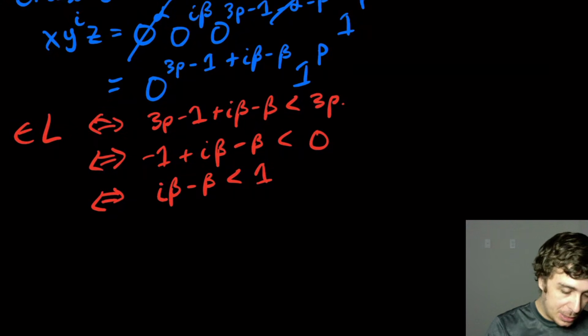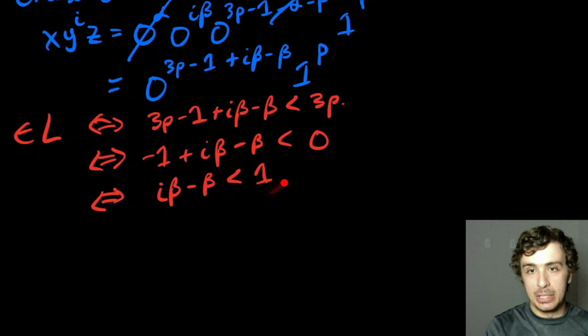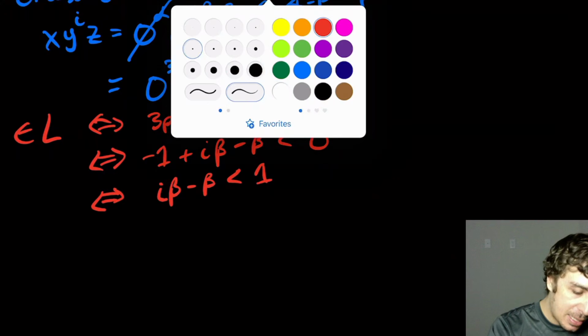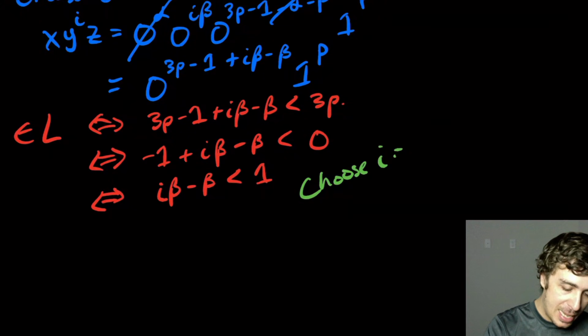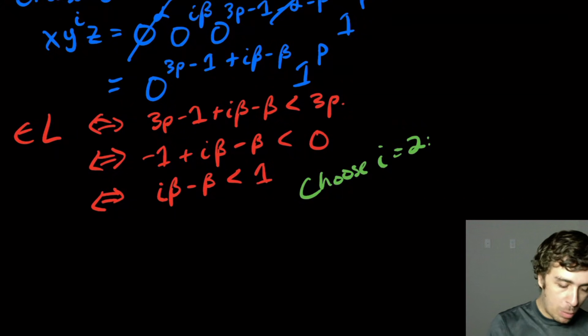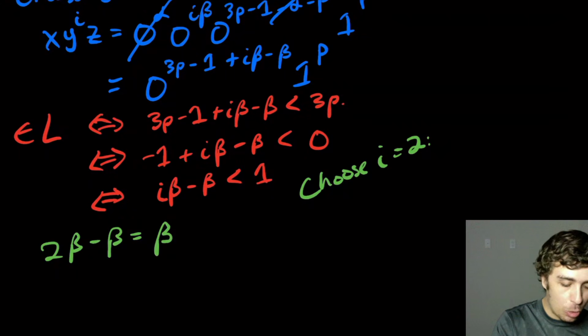So if we pick an I such that this left-hand side is either 1 or bigger, then we're done. I claim that we can pick 2 for this. So let's choose I equal to 2. Well, then what happens is 2 beta minus beta is equal to beta.